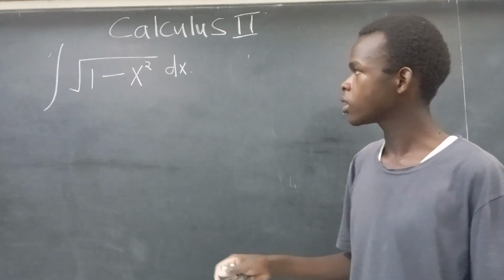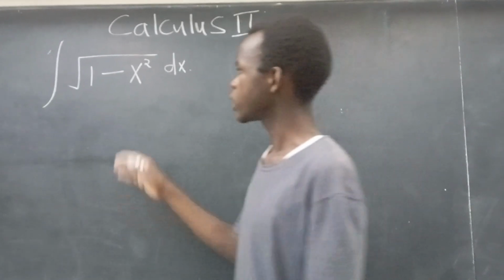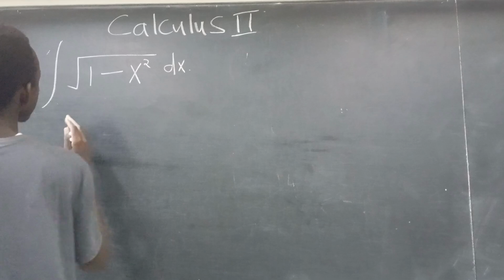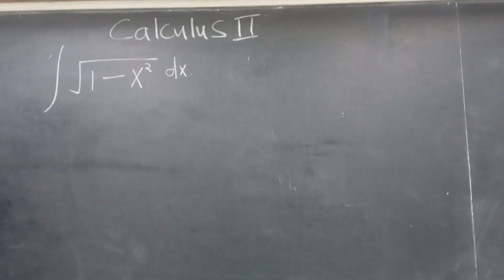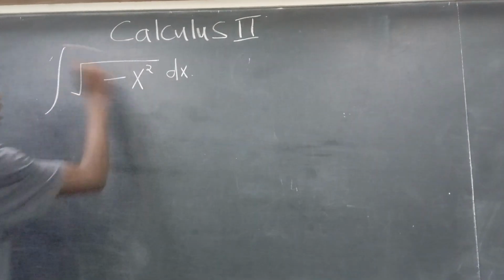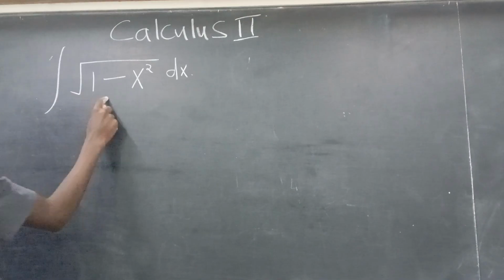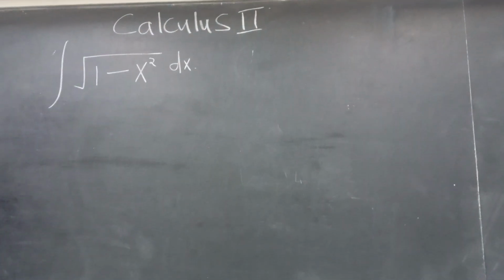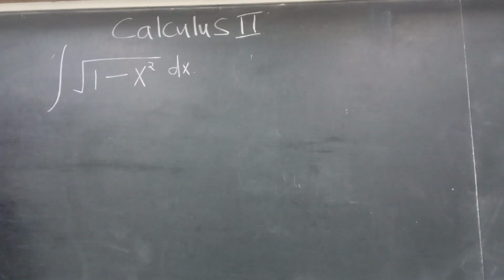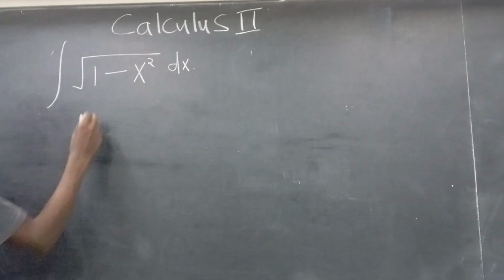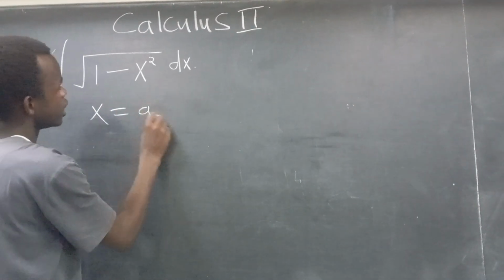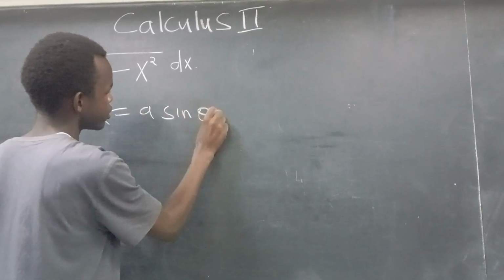In my previous tutorials, we wrote all the 3 formulas of trigonometric substitution. Judging from this part, this is just a sine theta substitution. So I'll choose my x to be a sine of theta.